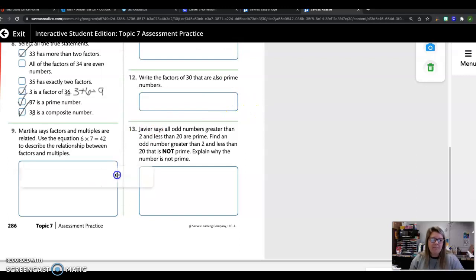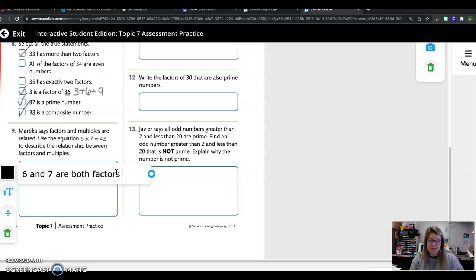I know that 6 and 7 are both factors of 42. I can multiply 6 times 7 to get 42 or 7 times 6 to get 42. I also know that because of that, 42 is a multiple of both 7 and 6.